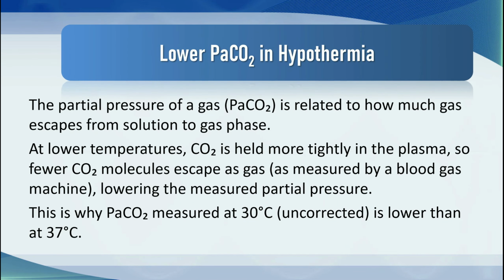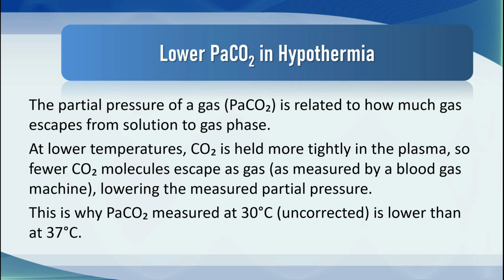The partial pressure of CO2 that we measure using a blood gas machine is related to how much gas escapes from a solution, from the liquid phase to the gas phase. At lower temperatures, carbon dioxide is held more tightly in the plasma, so fewer carbon dioxide molecules escape as a gas.